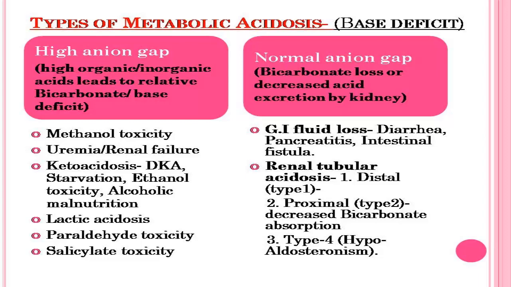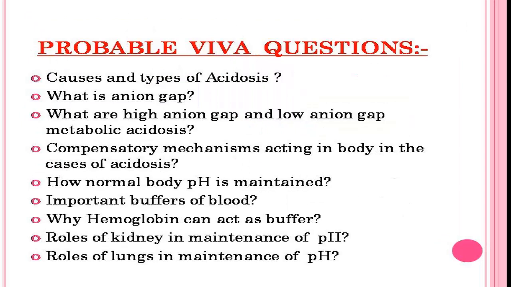Now there are some extra questions given here. These are the probable viva questions from the acidosis alkalosis chart. That is, you may be asked what are the causes and types of acidosis that I have discussed. What is the anion gap? I have discussed that also. And what are the high anion gap and normal anion gap metabolic acidosis? Compensatory mechanisms acting in the body in case of acidosis.